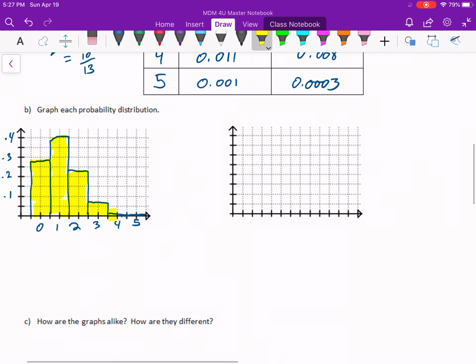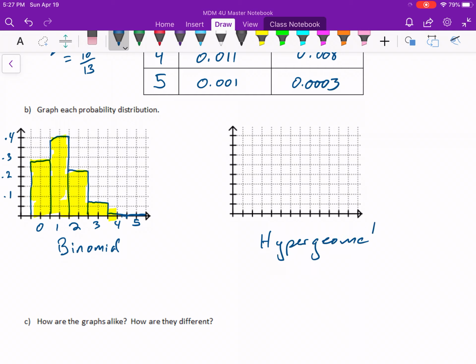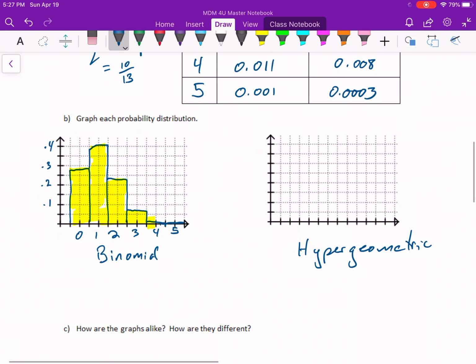Here's the one for hypergeometric. So again, I'm going to go from 0.1 to 0.4 as far as the probability goes.